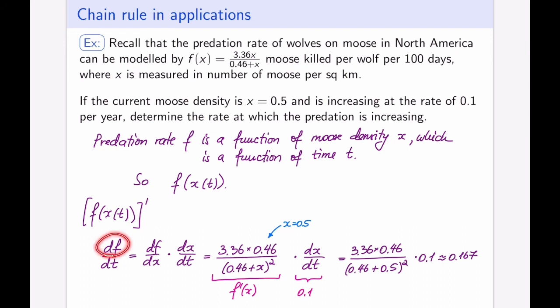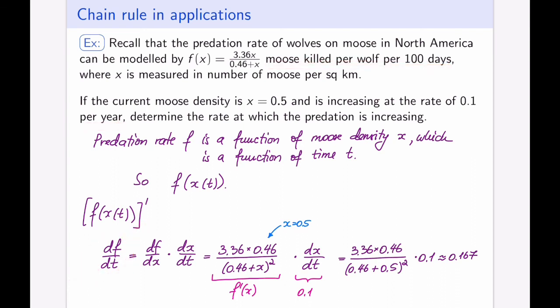Now, because it's a word problem, we would like to think about what the units are. Remember that f is the predation rate measured in moose killed per wolf per 100 days, and t is measured in years. So once again, Leibniz notation to the rescue. We're going to have on top moose killed per wolf per 100 days, and on the bottom, per year.